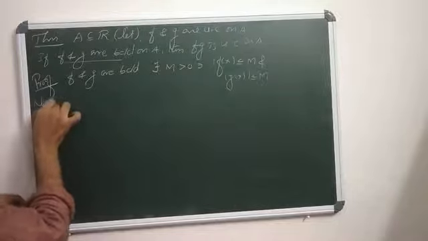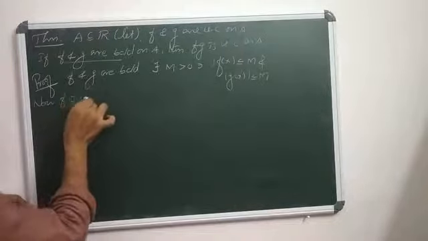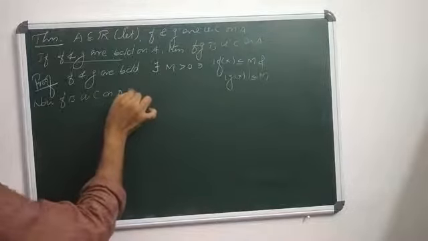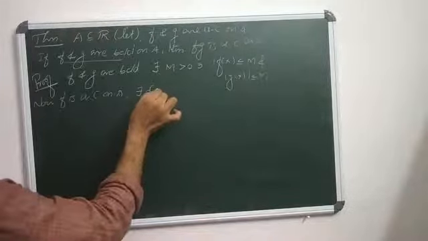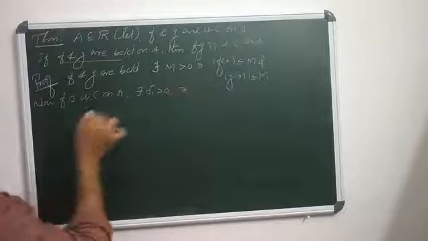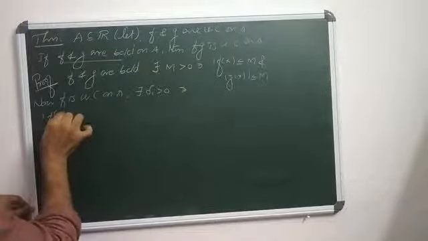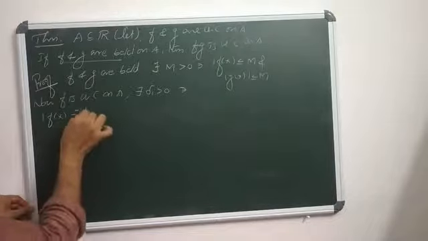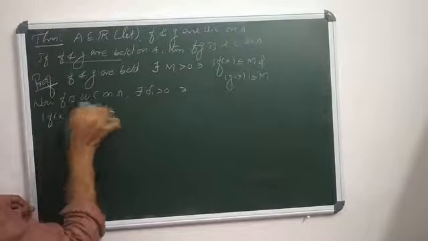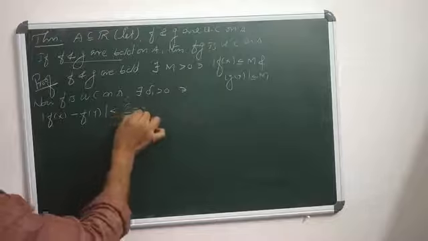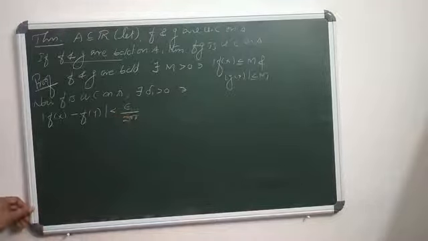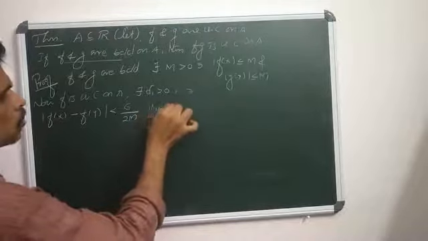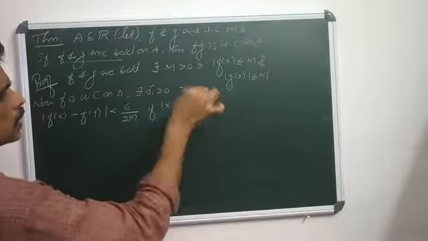Now, f is uniformly continuous on A, which means there exists delta 1 greater than 0 such that modulus of f of x minus f of y is strictly less than epsilon by 2M, provided modulus of x minus y is strictly less than delta 1.